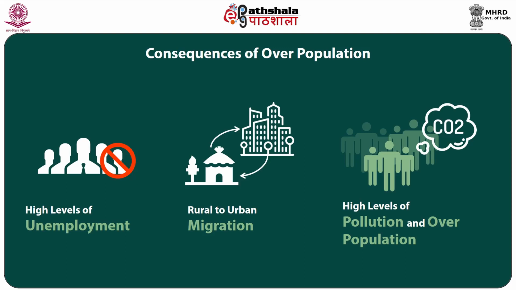One can also see the growth of slums, very high levels of pollution in the urban areas that are congested, and they also have poor infrastructure, and then overall you will have a situation like poor quality of life of the people.